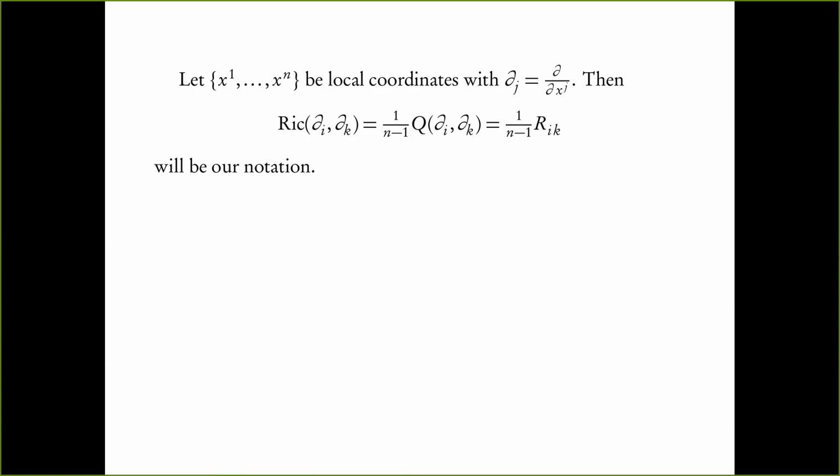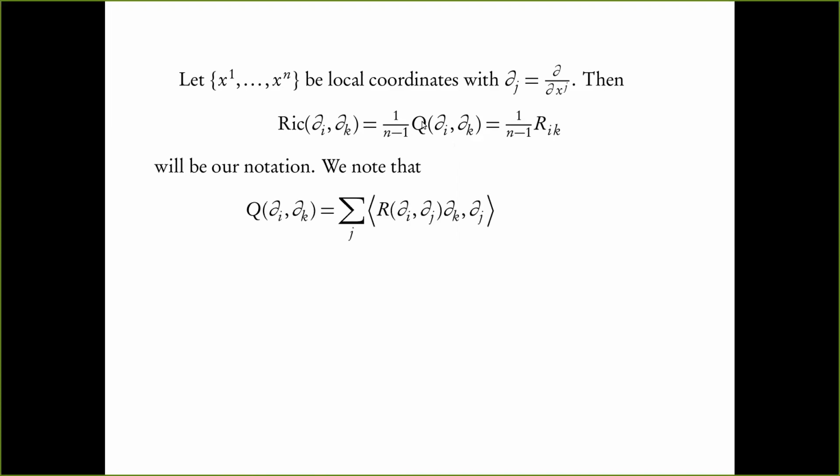Whatever that quantity is, I'm going to call that Ricci of del by del xi, del by del xk, and denote it by Rik. So Rik are simply the coefficients of Q with respect to the coordinate vector fields, and up to a factor of 1 over n minus 1, that is my Ricci of del i, del k. Okay, this is our notation. The factor of 1 over n minus 1 is crucial. Rik is not the coefficients for the Ricci, but they are the coefficients for Q.